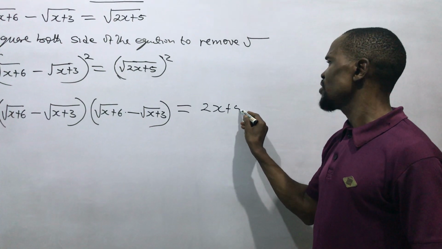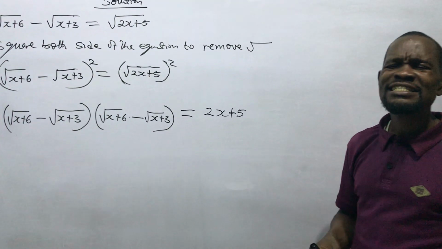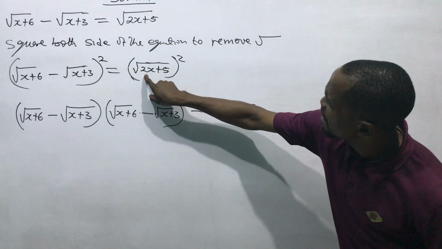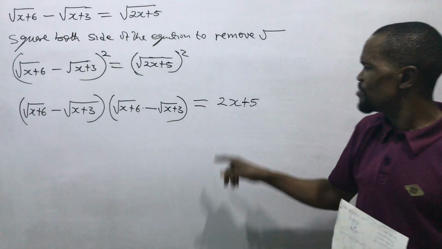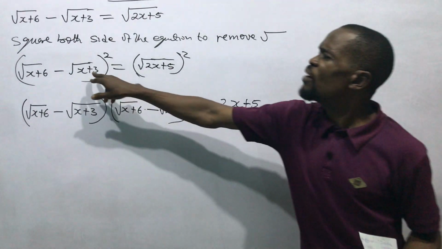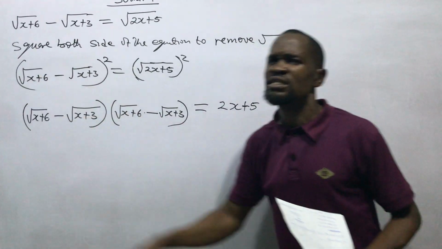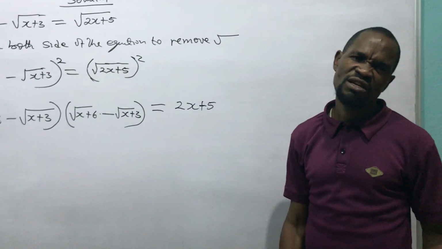Then an intelligent student will ask me this question: why will this one multiply itself and the answer become this, and why won't this one as well multiply itself and the answer become this? That is a very intelligent question.